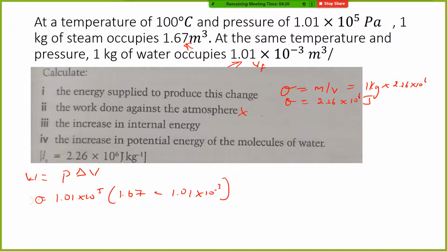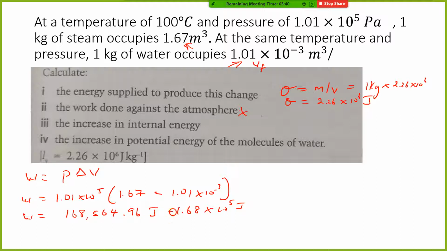When we do all of this here, it clearly shows us that this thing is going to be 168,564.96, and this is joules, which we can write as 1.68 times 10 to the fifth joule. So this is the work.